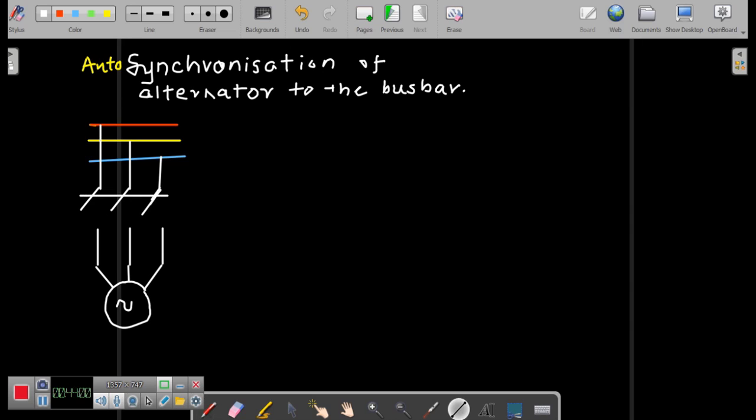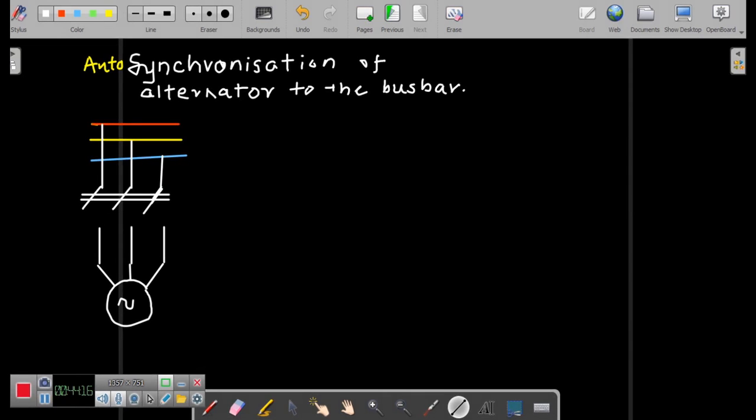You know what the different conditions to be fulfilled for synchronization are, right? The voltage of the incoming alternator should be equal to the bus bar voltage. So what will you write there? VA, the alternator voltage, should be equal to the bus bar voltage.